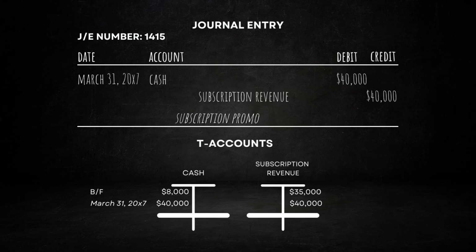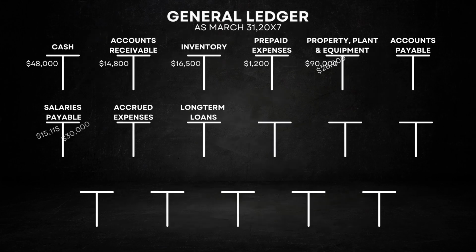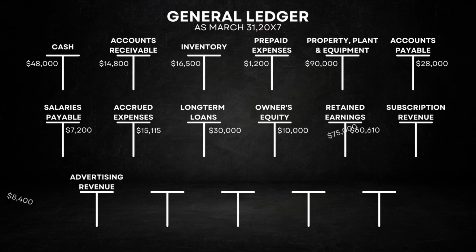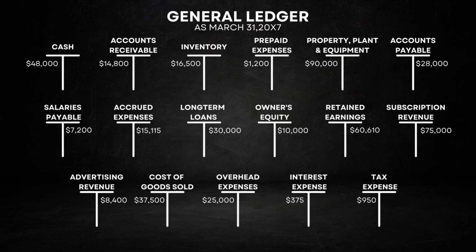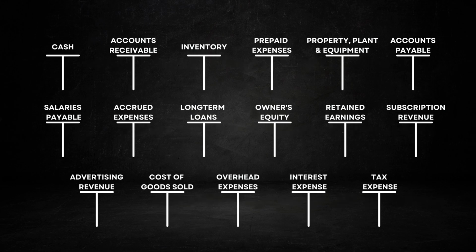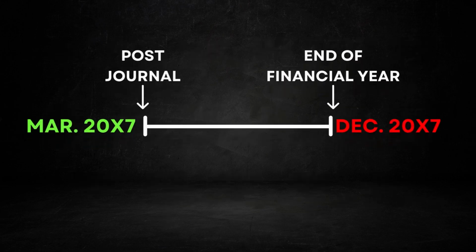Adding up these amounts, your cash balance increases to $48,000 and your subscription revenue totals $75,000. The Daily Gazette has other accounts as well, including a range of assets, liabilities, equity, revenue, and expense accounts stored in the general ledger. This journal entry is posted in March when the cash is collected.